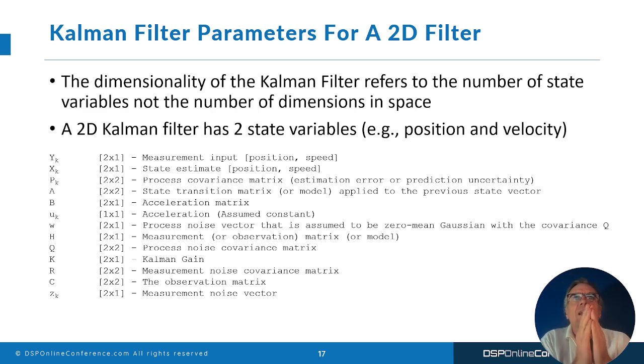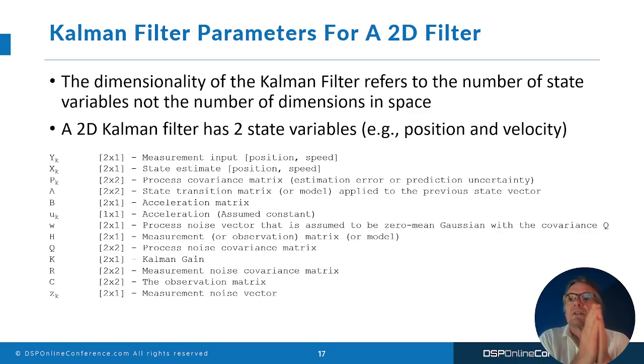What do I mean by that? It is a filter that tracks position and velocity, 2 degrees of freedom, as opposed to a Kalman filter in 3D space, for example. So it has two state variables, two degrees of freedom.